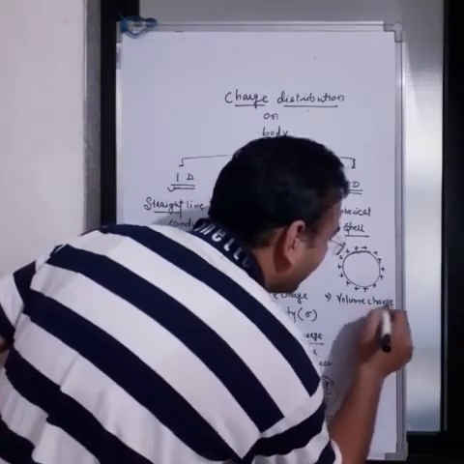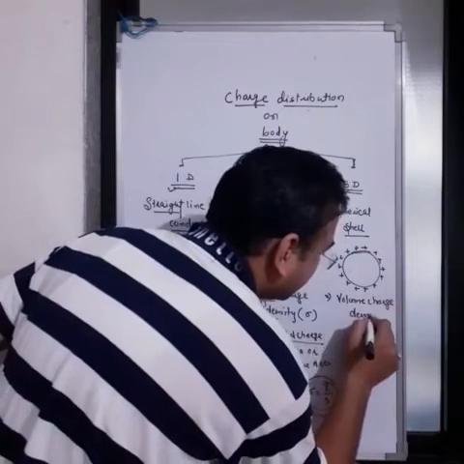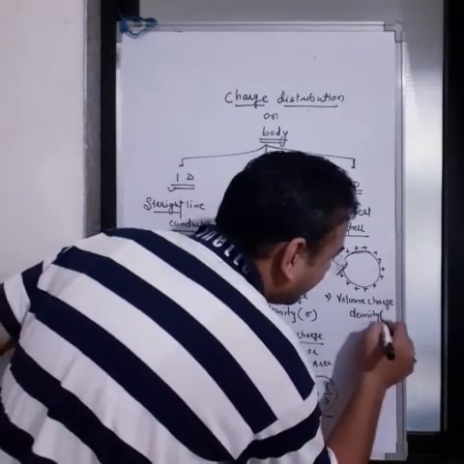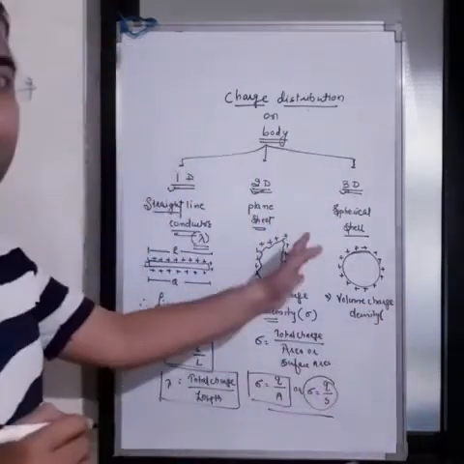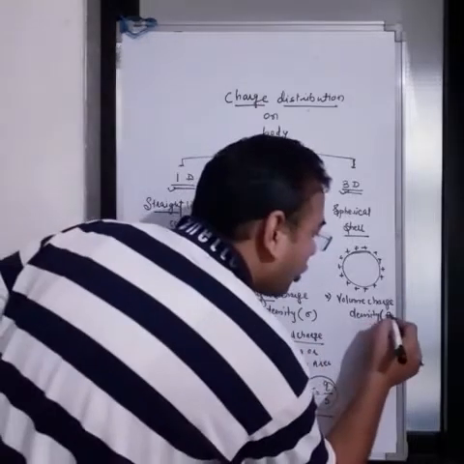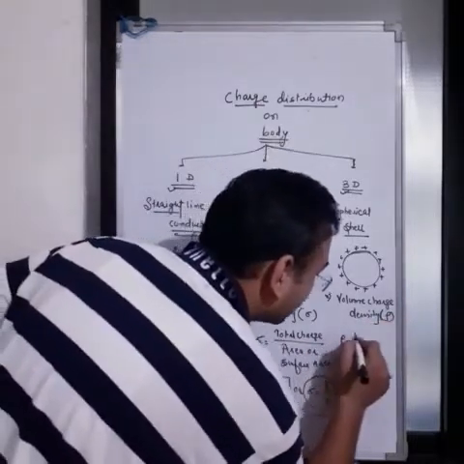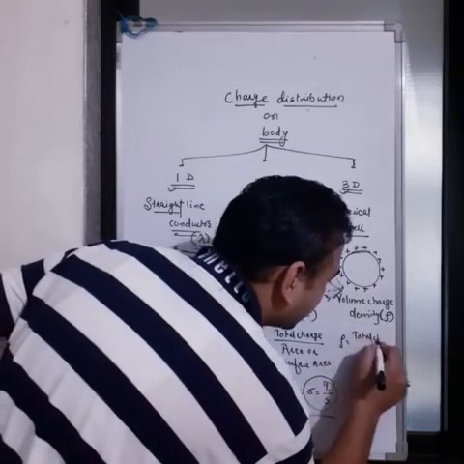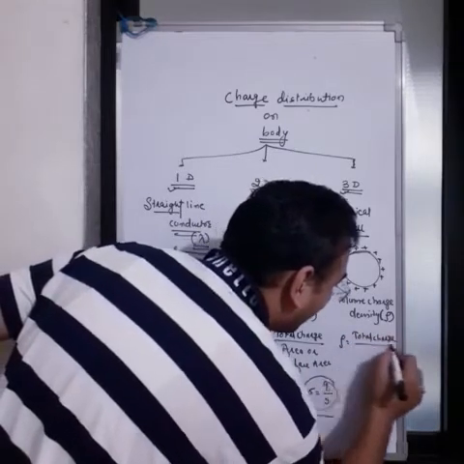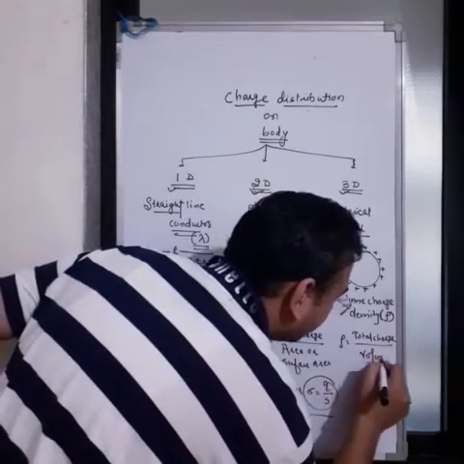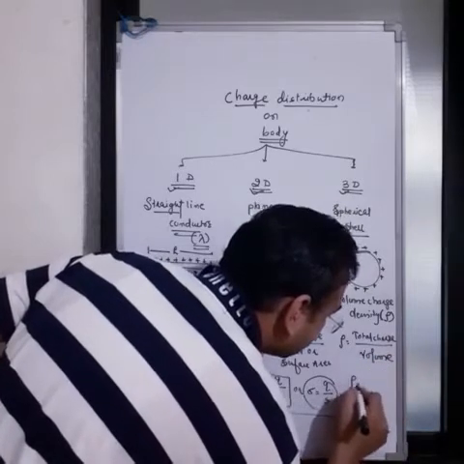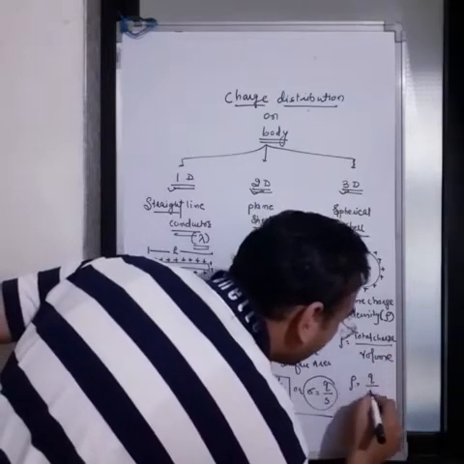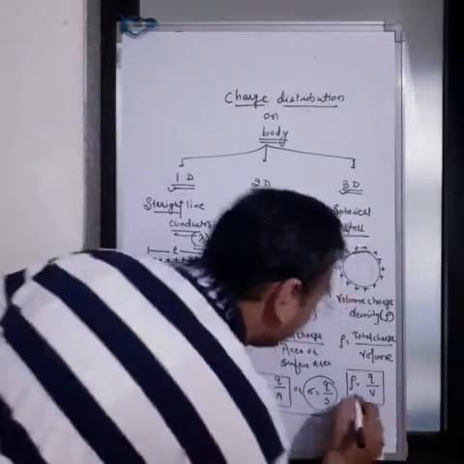It is denoted by rho. So rho is equal to again total charge upon volume. So here rho is equal to Q upon capital V.